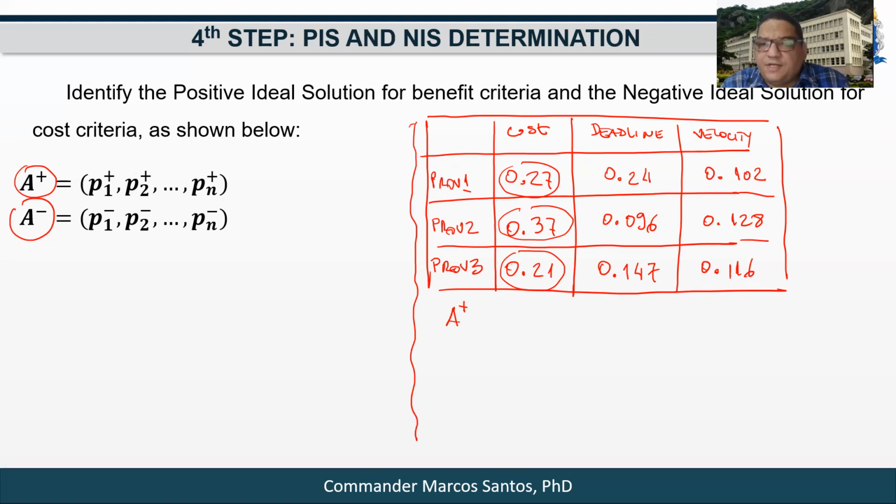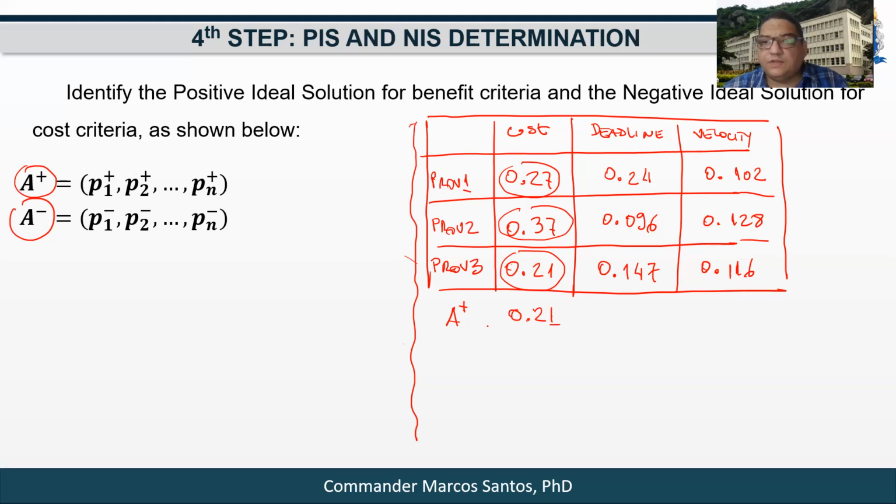What value is my best value? I ask you. The best value is 0.21.